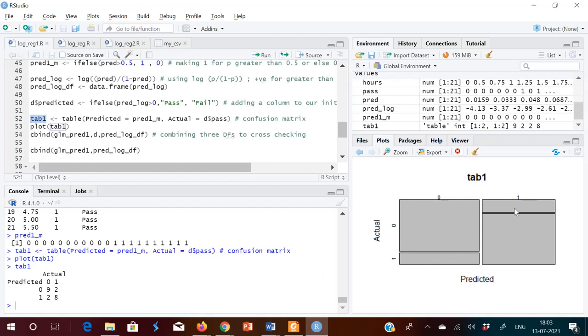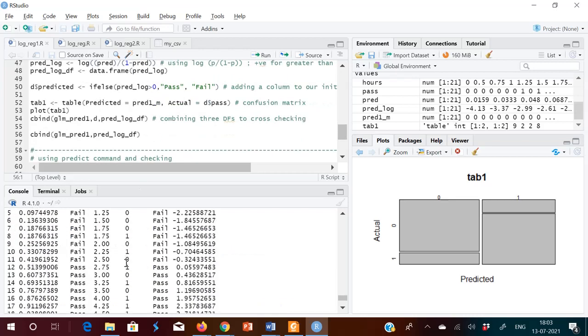And 1 and 1 is 8. That's also big. And 2 were actually pass and we predicted as fail. So this is the confusion matrix, and then you can combine all the data frames and see how it is coming.